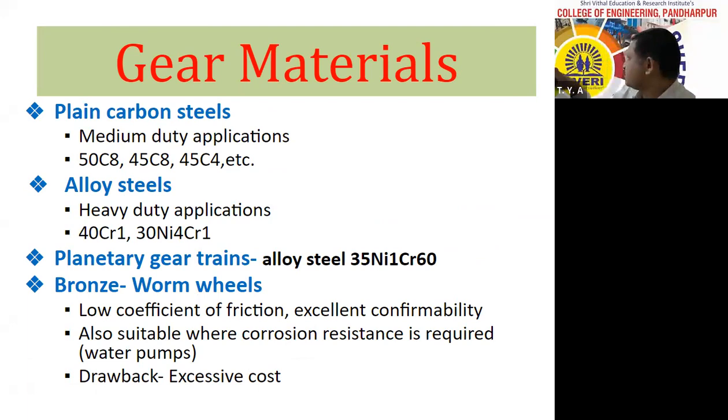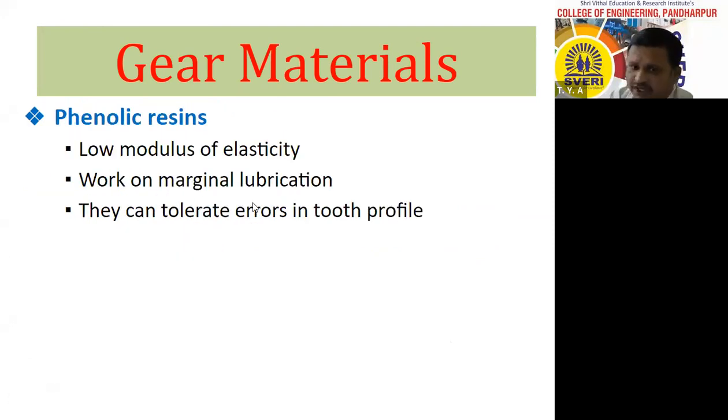Teeth are made up of phosphor bronze, then that teeth are screwed down to that cast iron ring. Phenolic resins, already I have told you this. Phenolic resin is plastic. It has low modulus of elasticity, works on marginal lubrication or no lubrication.